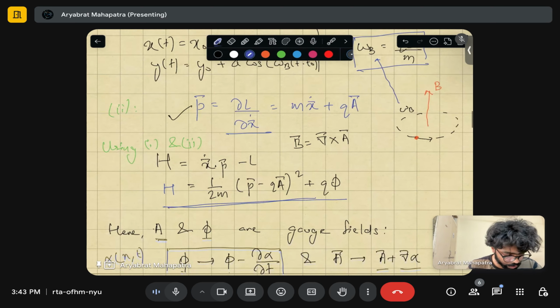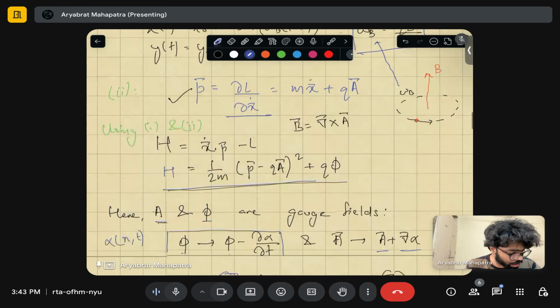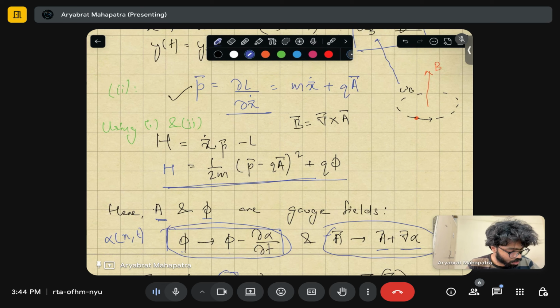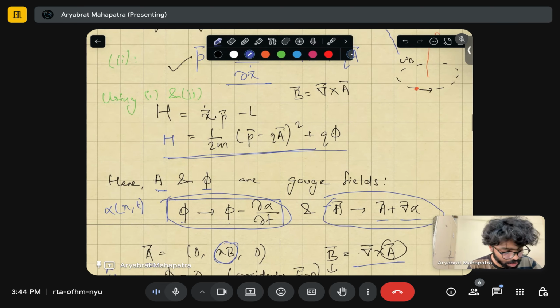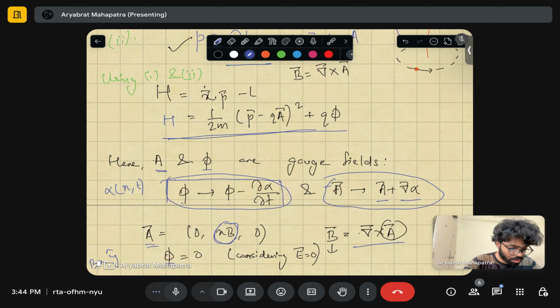So your equation of motion and Maxwell's equations are all basically invariant under this transformation. That is why these are called gauge transformations, and it has very important implications. Today we'll also see how this would play a role in our discussion.